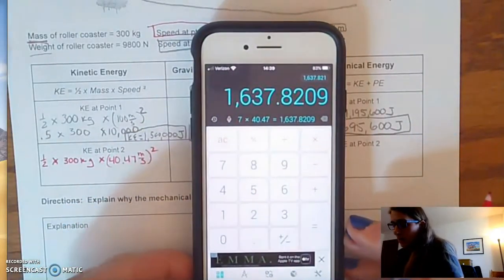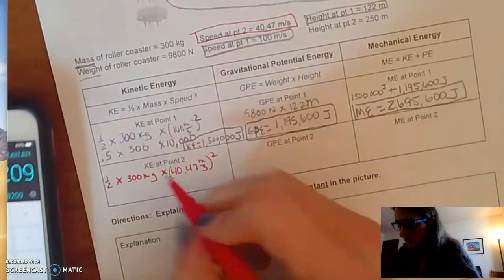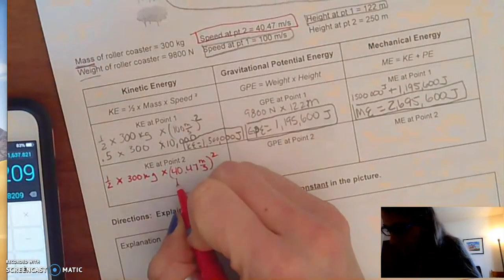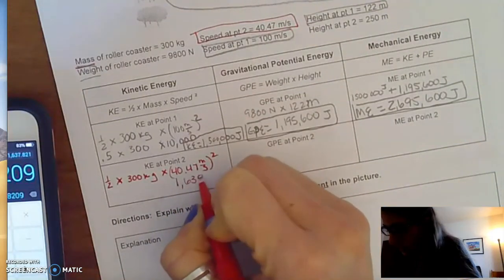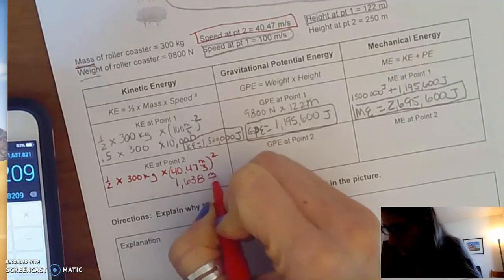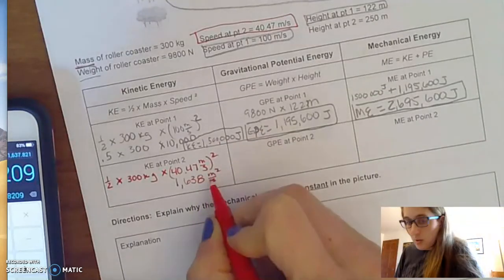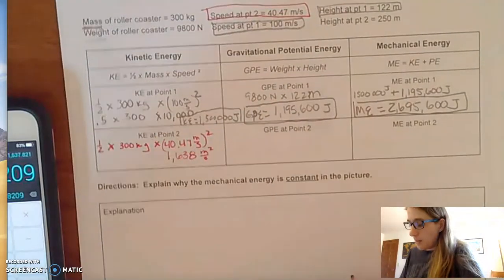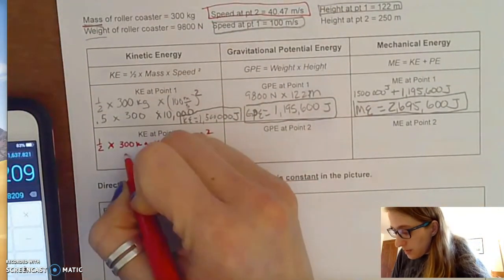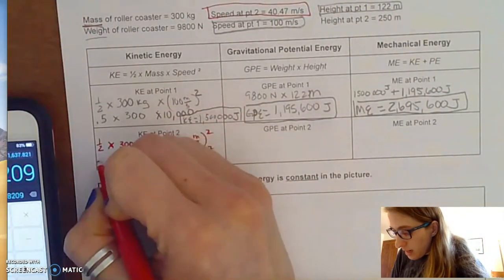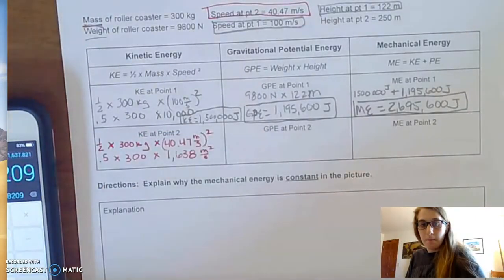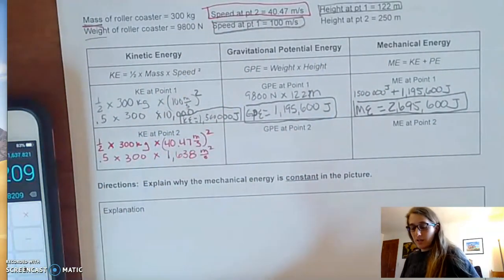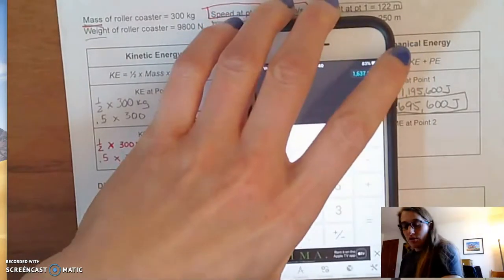And I get 1,630. We'll round that up to 8. So I get 1,638 meters per second squared. I just square my unit. Sorry if that's confusing. We didn't get a chance to talk about that, so I'm not overly concerned. Times 300 times, I'm going to change that again into a decimal. Now it's all multiplication, so for order of operations, just go left to right.